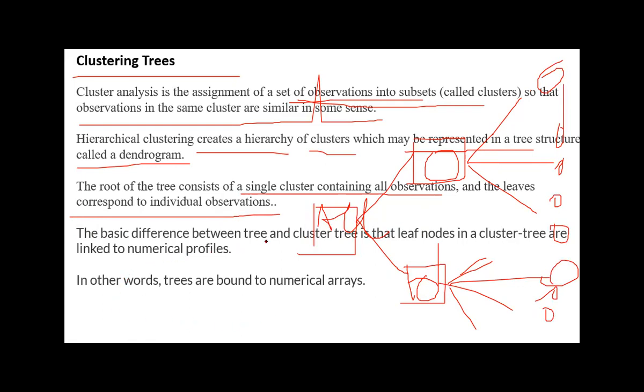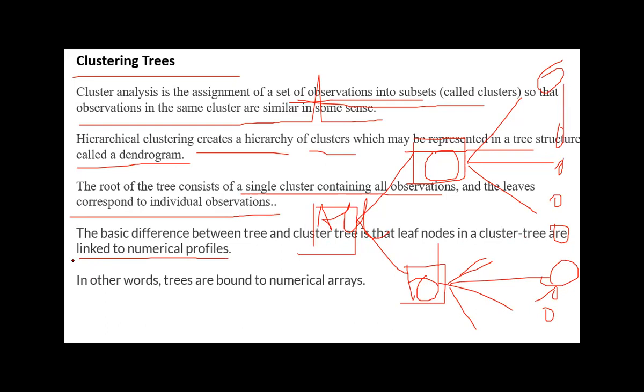The basic difference between a tree and a cluster tree is that leaf nodes in a cluster tree are linked to numerical profiles, because they represent the individual item. No clusters, no individuality, because alike items are grouped into clusters, my dear friends.